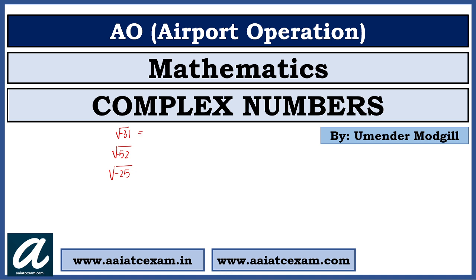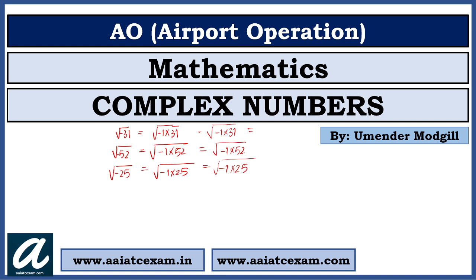One thing is common between all these numbers, that is, I can write them as minus 1 into under root 31, also minus 1 into 52, and minus 1 into 25. So I can write here under root of minus 1 into 31, under root of minus 1 into 52, and under root of minus 1 into 25.